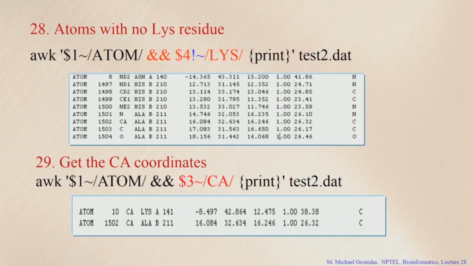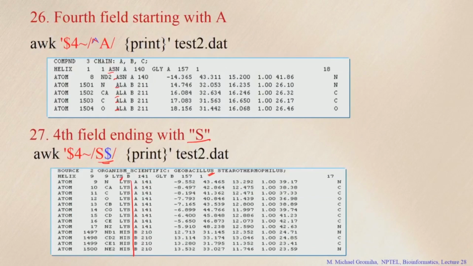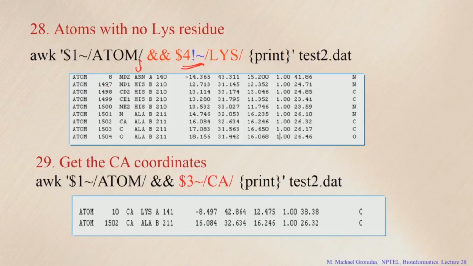In this case, if you have no lysine residue, here we use the exclamation symbol, right: $1 should be atom and $4 should not be lys. If it is lys, it will omit; without lysine it will give you all the data. Print everything means it will print the entire line, except the lines which contain the lysine.